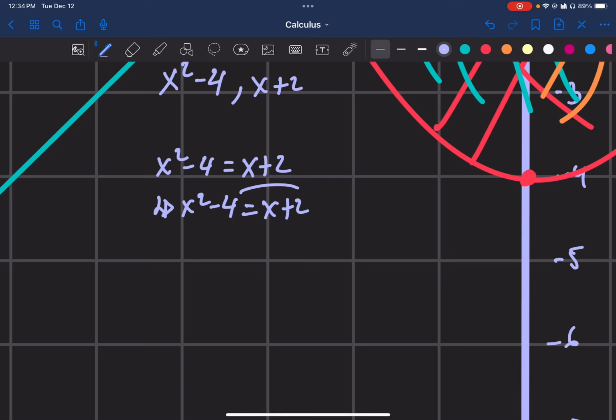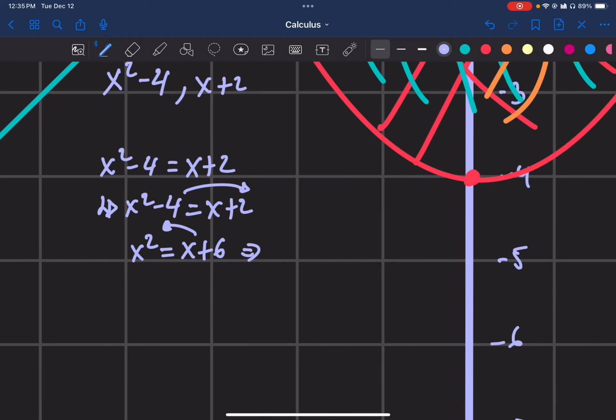And I can bring the 4 over because I don't like working with negatives. So I end up with x squared is equal to x plus 6. And I can bring this back here, and this will make my equation x squared minus x minus 6 is equal to 0.